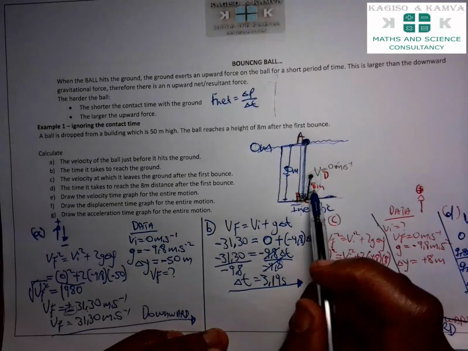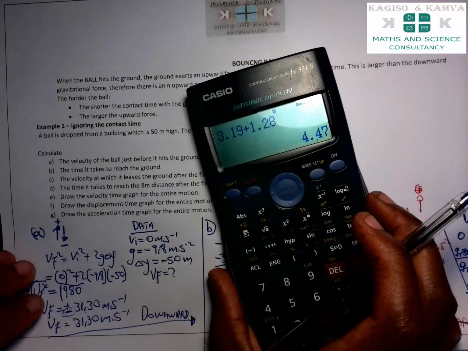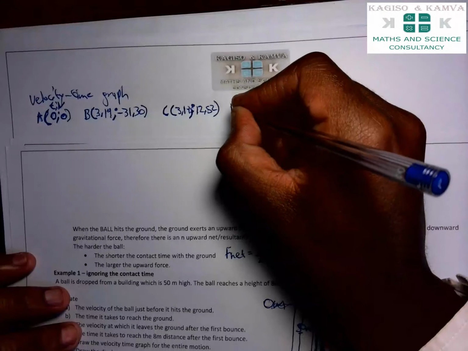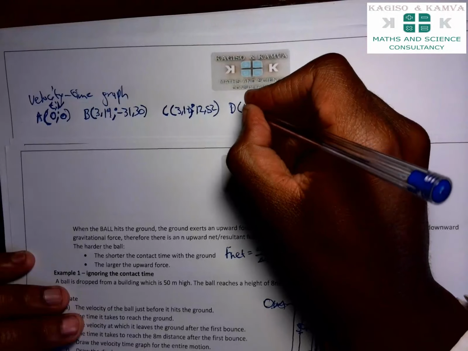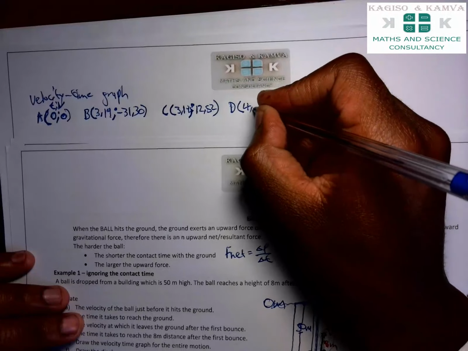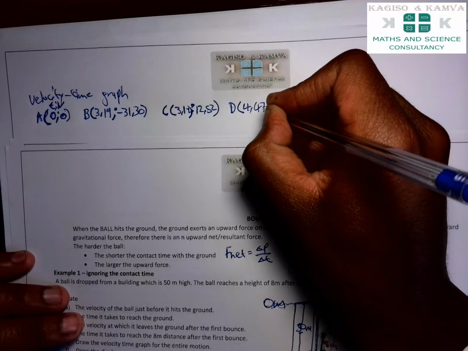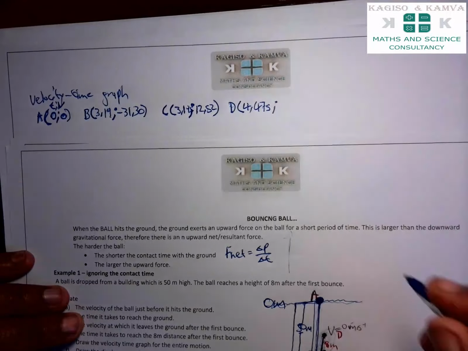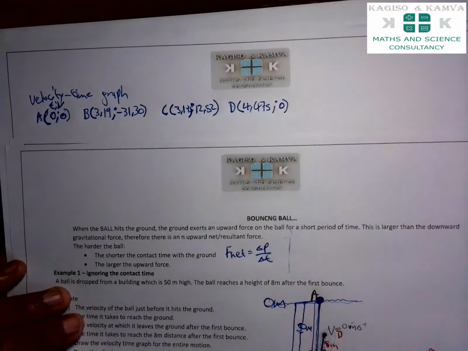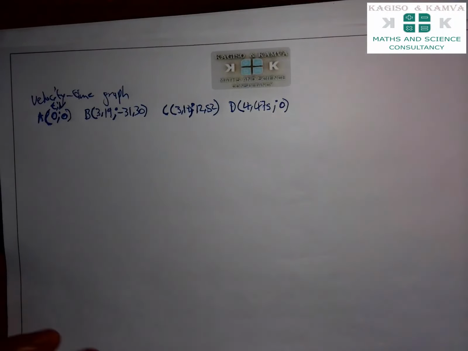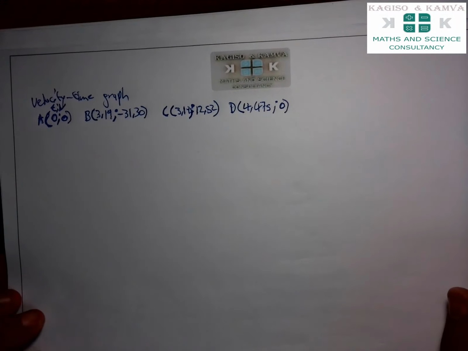The time here is 4,47 seconds. At D the time is 4,47 seconds, and the velocity at that time is 0.